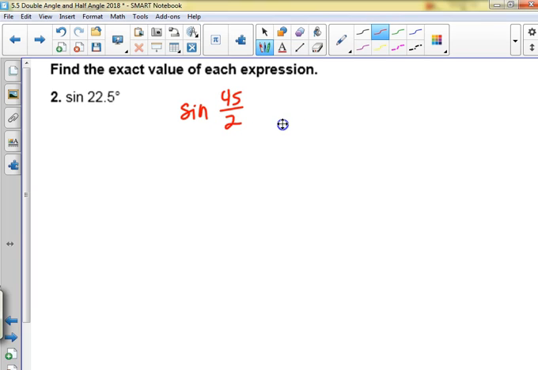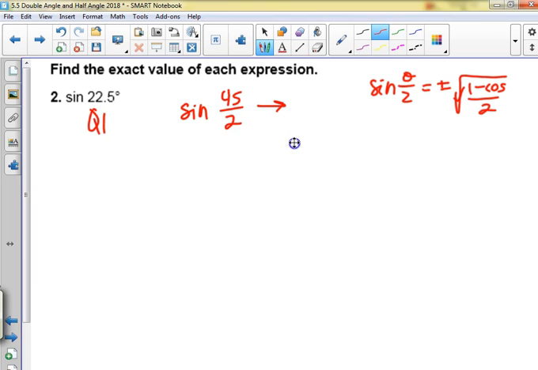Look on your sheet. It says sine theta over 2 equals plus or minus square root of 1 minus cosine over 2. Everybody find it? Is it plus or minus 22.5?